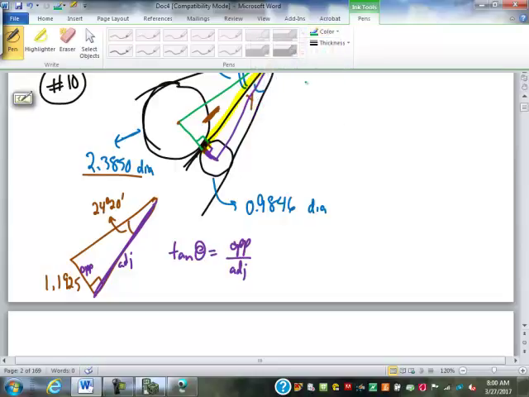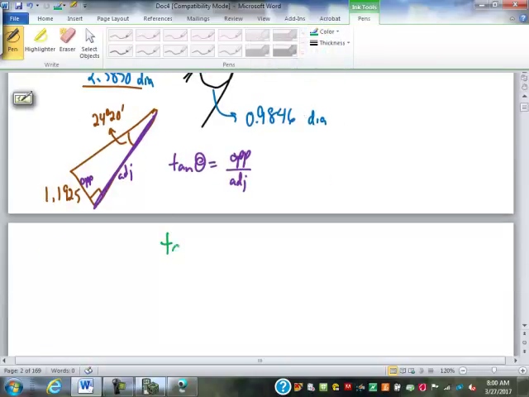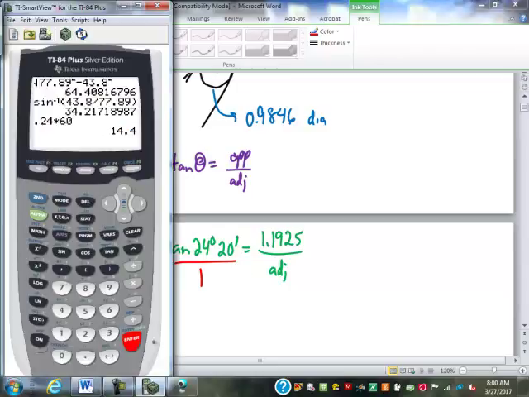We know that the angle is 24°20'. The opposite side is 1.1925. And we are looking for the adjacent side. So 1.1925 divided by the tangent of 24°20'.